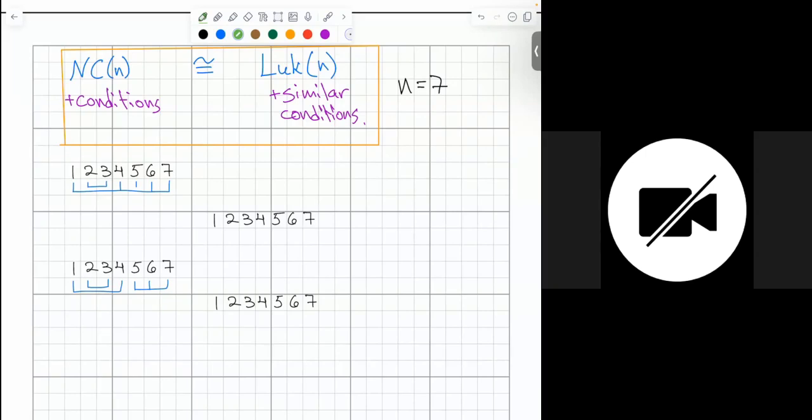So here, the element 1 is opening a part, and the part it is opening is of size 4. It is 1, 4, 6, and 7.